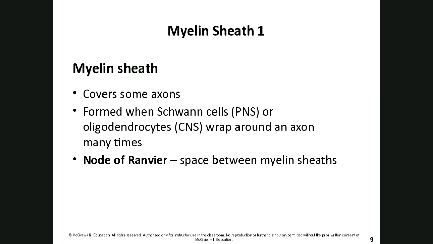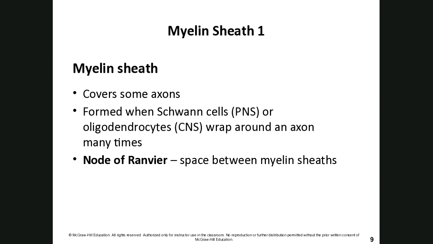Because it can jump from one space to the next, it can happen much faster than if you have to have an action potential on every single part of the neuron. So case in point, the Hulk. He can basically jump from one place to the next.